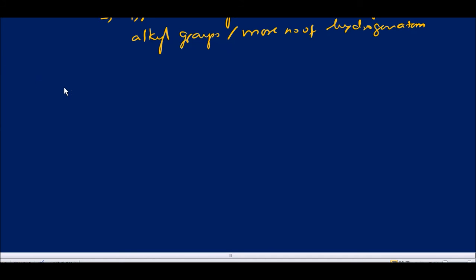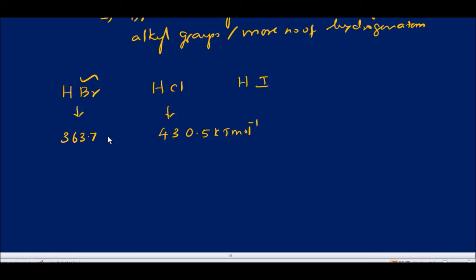And normally we will have some doubt. HBr undergoes this. What about HCl and HI? Normally in HCl, the bond energy is roughly about 430.5 kilojoules per mole. But if you take HBr, it has 363.7 kilojoules per mole.